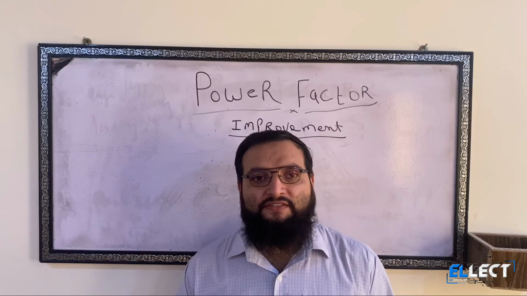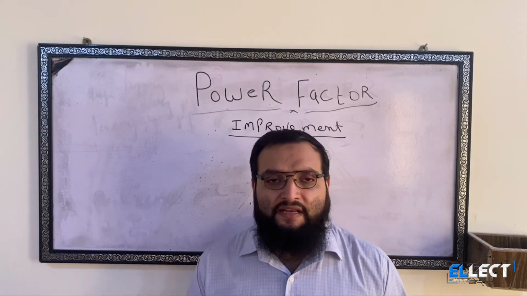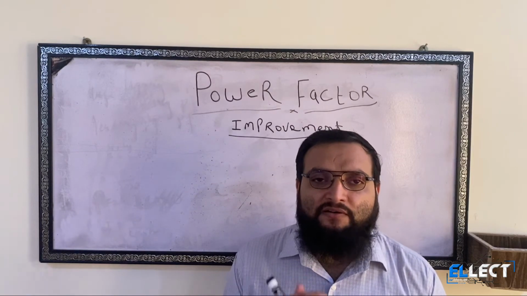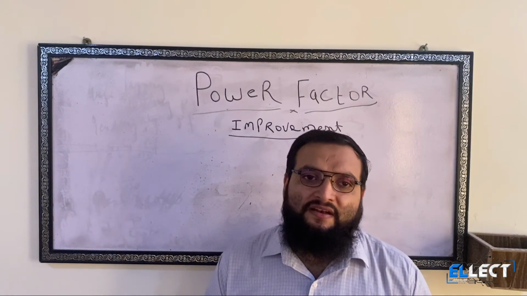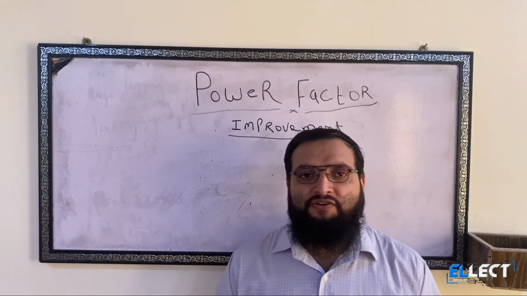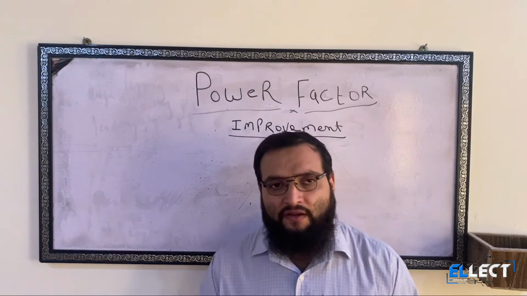So to increase that power factor, we have to increase the exciting ampere turns of the induction motor, so that it neutralizes the lagging component or the reactive power drawn by the induction motor.